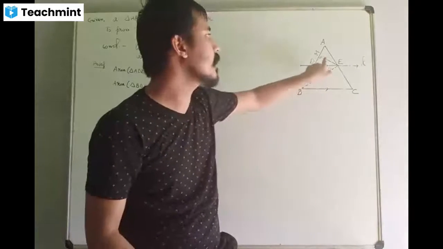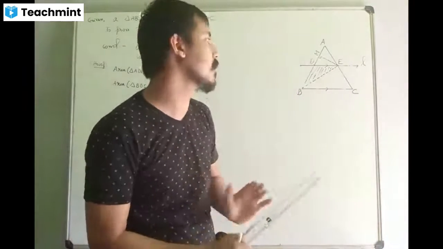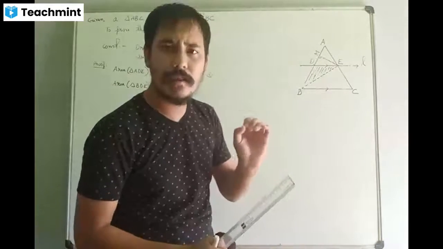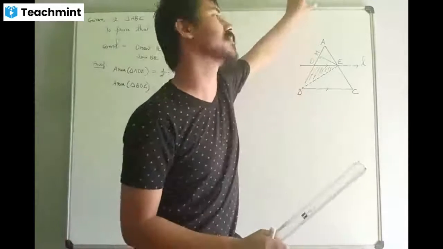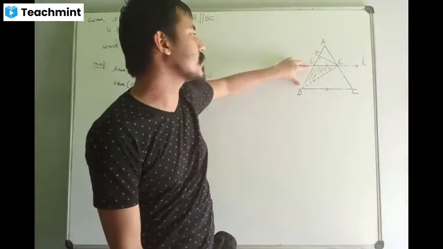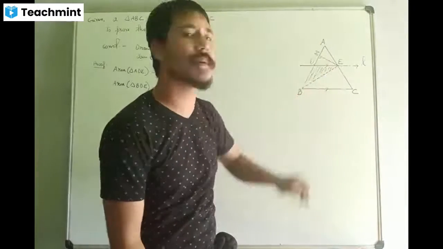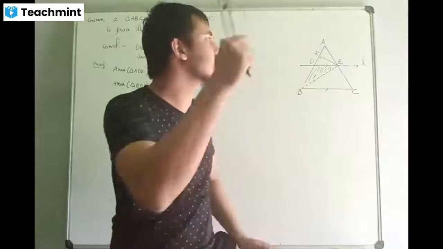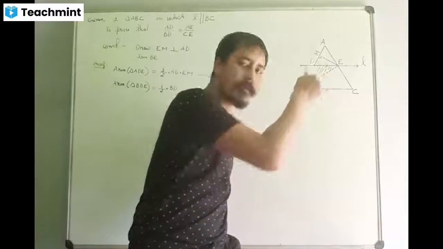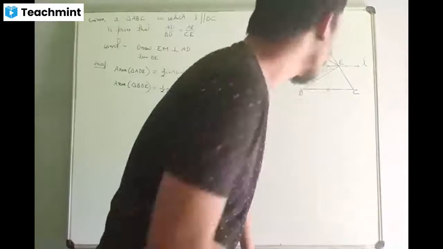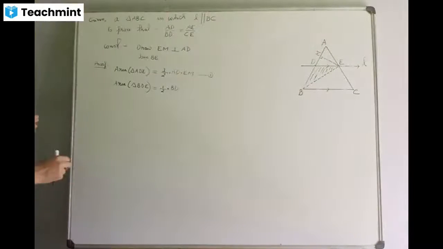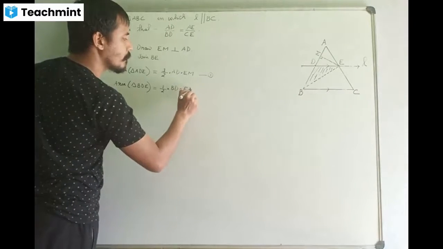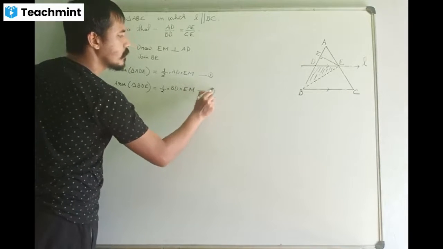In that case, EM can be taken as the height for this triangle, because EM is perpendicular to BD produced. Is it all right? So for this triangle BDE also, the height can be taken as EM, which is equation number 2.